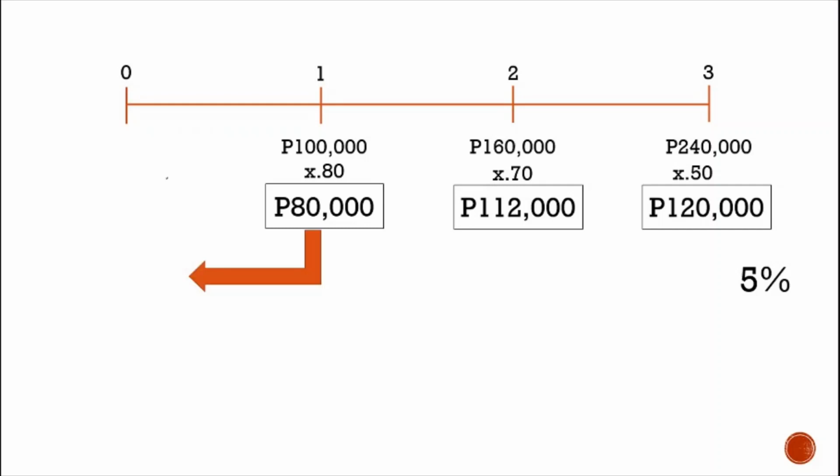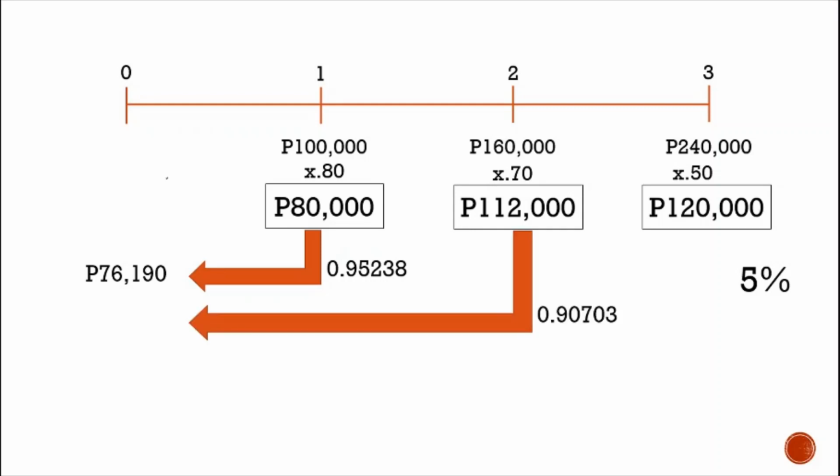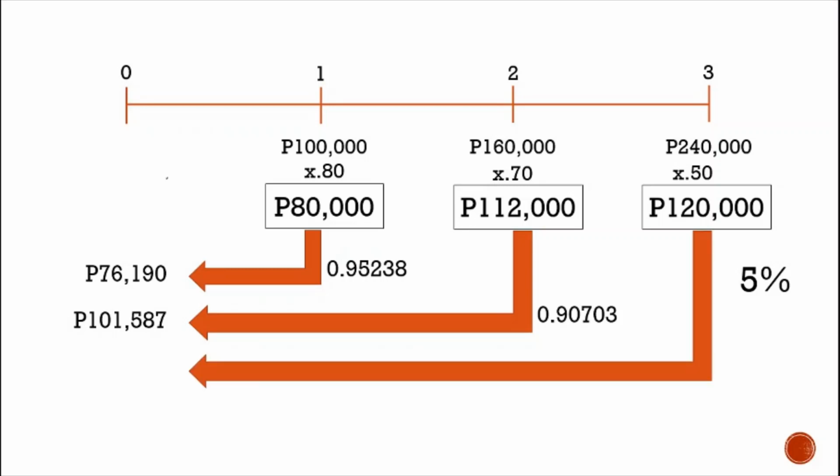Present value factor for 5%, 1 year is 0.95238. This will give us 76,190. For 2 years, it's 0.90703. That would give us 101,587. For 3 years, that would be 0.8684.